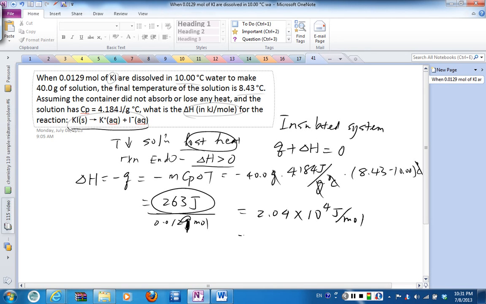And that's not the unit that we want, we want kilojoules, so we rearrange it: 20.4 kilojoules per mole. So this means, based on the data, if I dissolve 1 mole of potassium iodide to make solution, the amount of heat that needs to be absorbed from the environment for the dissolution to happen is 20.4 kilojoules.